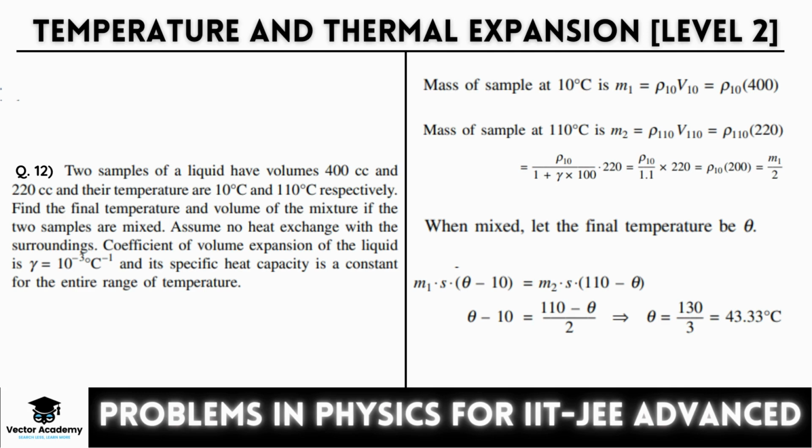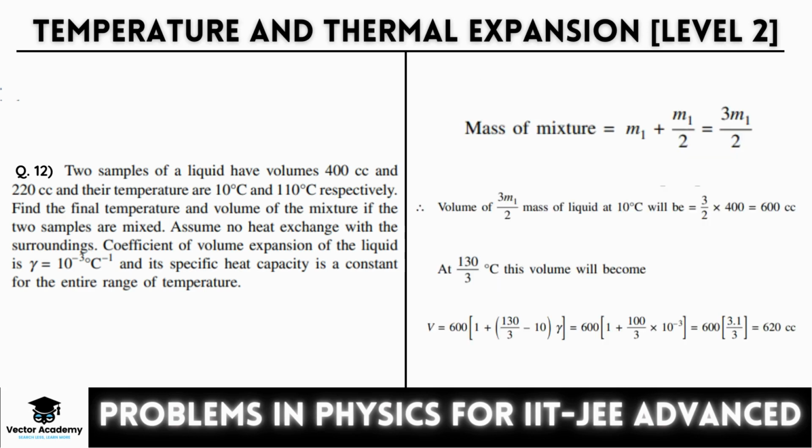On solving, we get the final temperature after mixing the two liquids to be theta equals 43.33 degrees Celsius. Mass of mixture equals m1 plus m1 divided by 3 equals 3m1 divided by 2.